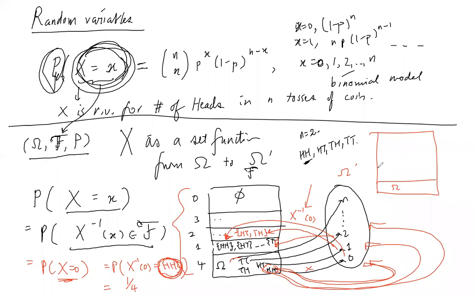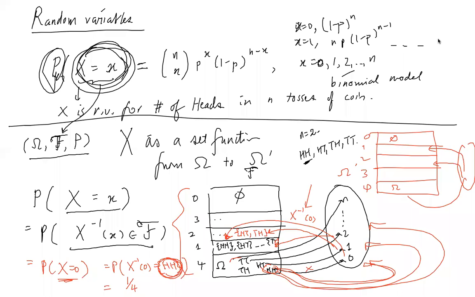Here is my omega, here are the elements with 3, 2, 1, and this is 0. Then I'll draw the map here to 1, then whatever gets mapped to 2 and so on. It will be much tidier. But again, it's the relationship that actually matters, so as long as you make the relationship clear, it's fine.